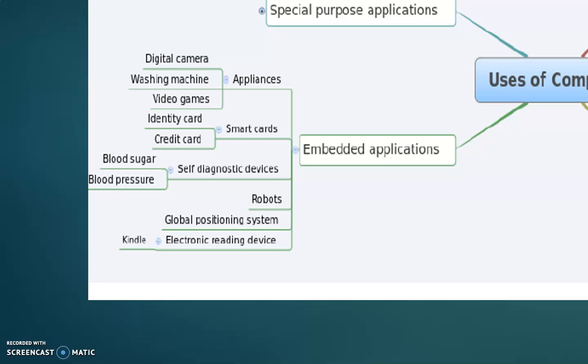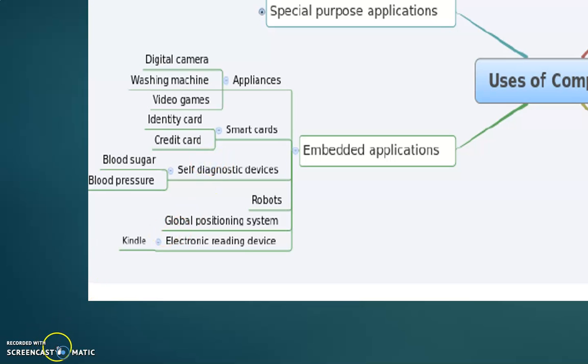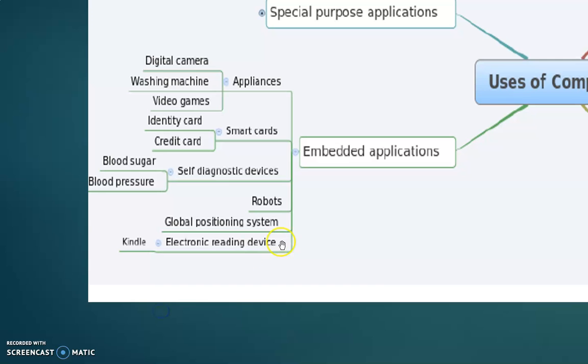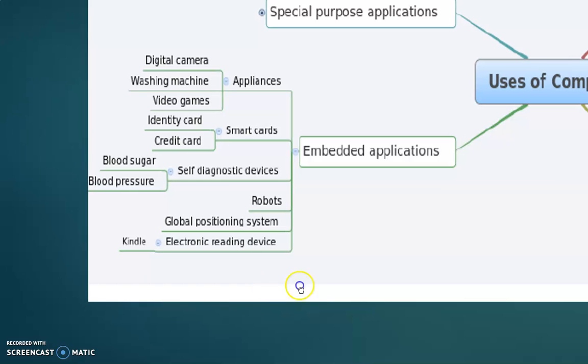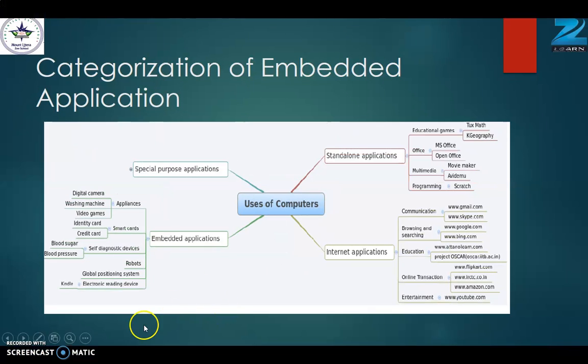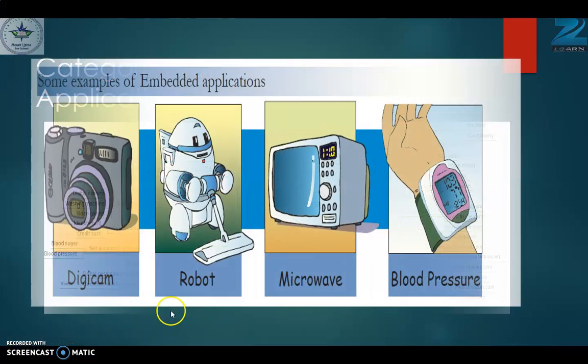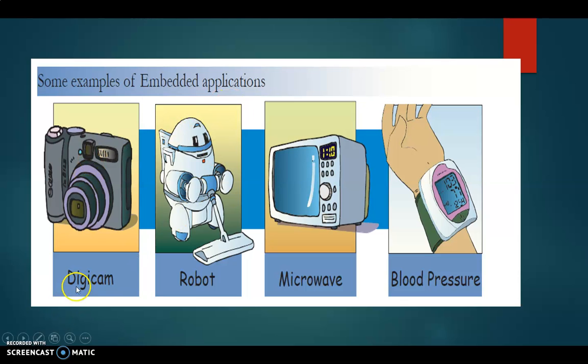So all this also comes in the category of embedded application. Apart from that, some robots, global positioning system, GPS, Kindle-like devices. So all these are embedded applications. Some examples of embedded applications are digicam, robot, microwave, blood pressure level machine, all this.